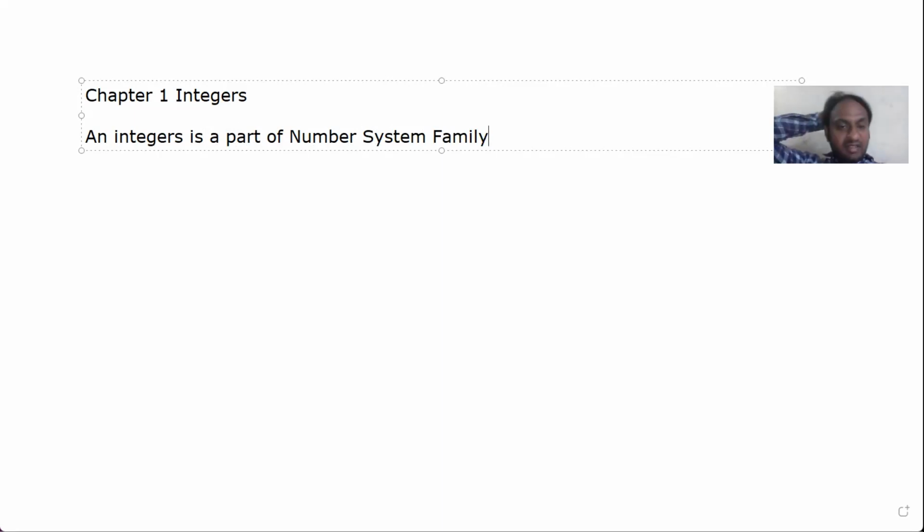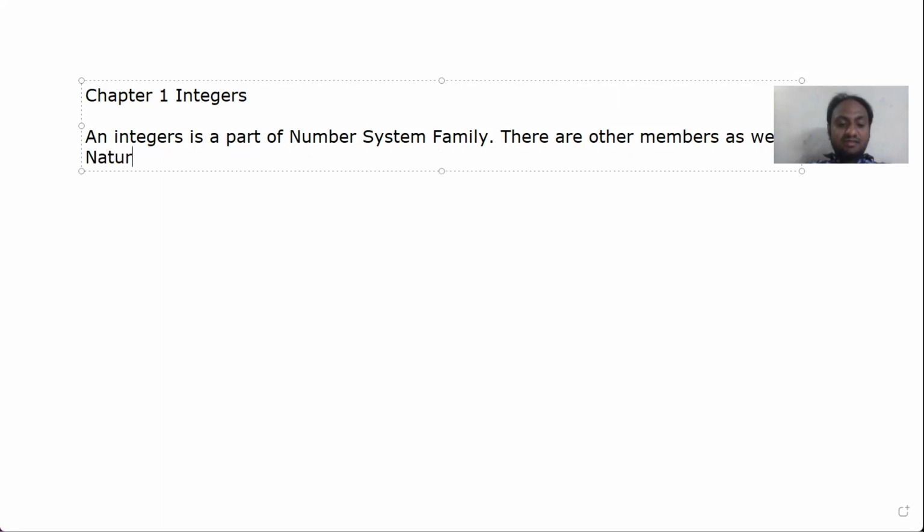So what is the number system family? There are a few other members as well. In the number system, there are various types of numbers available. First, natural numbers.